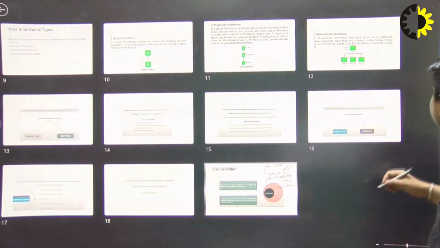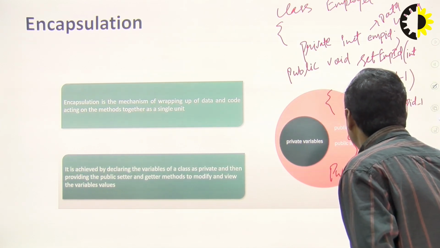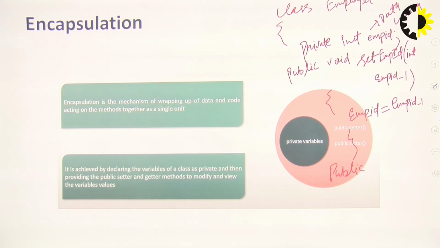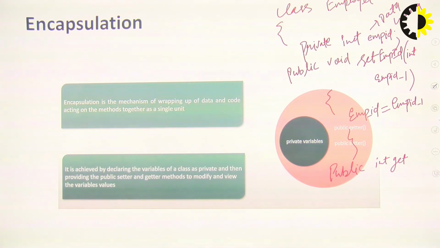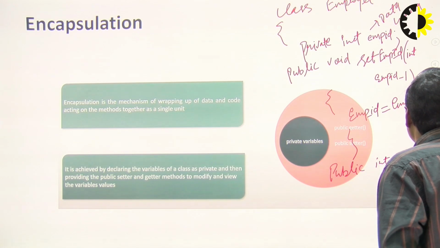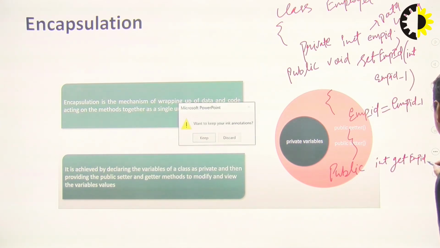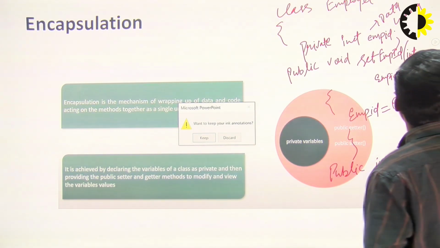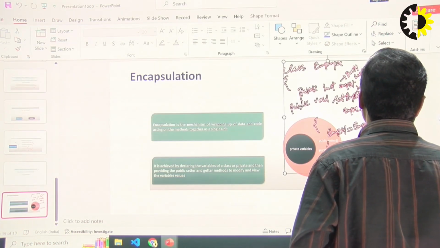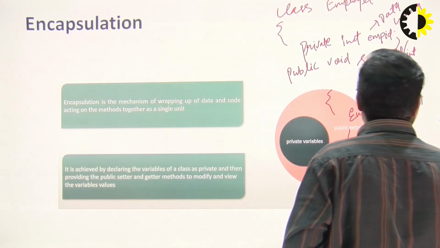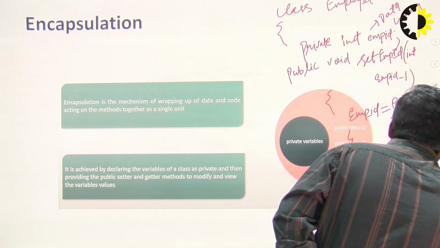After that, here I am using a public getter method of integer type, getEmployeeID.